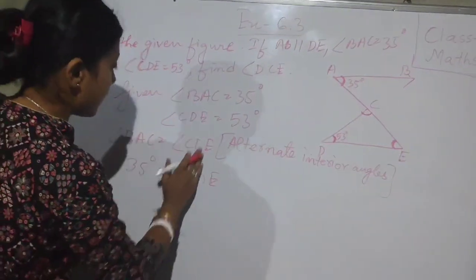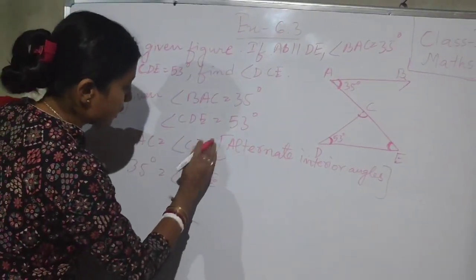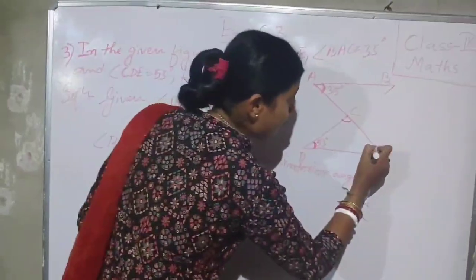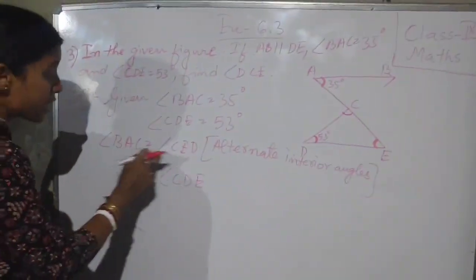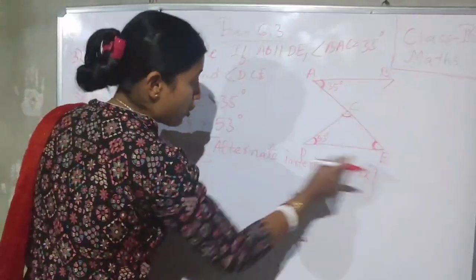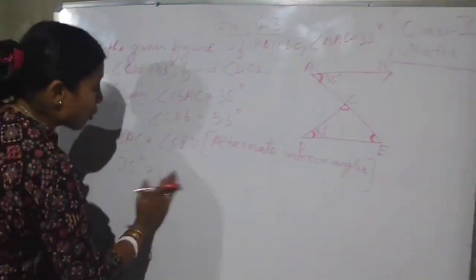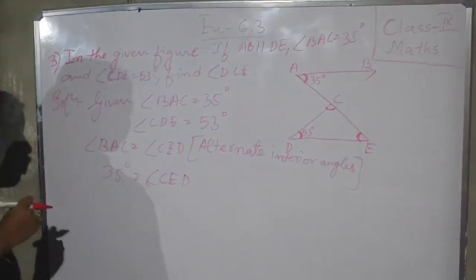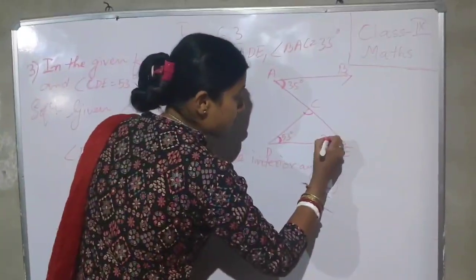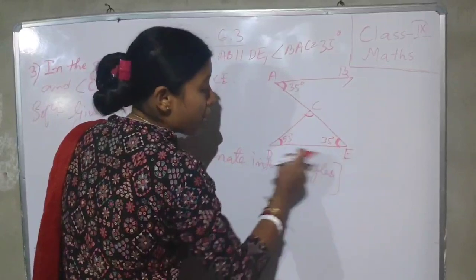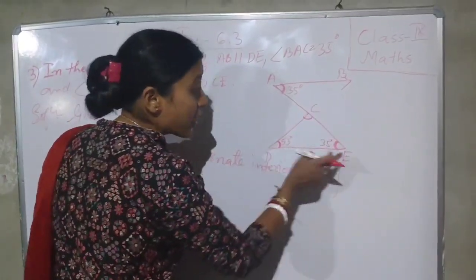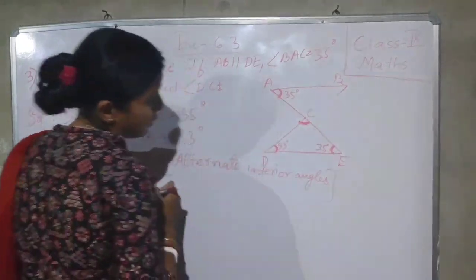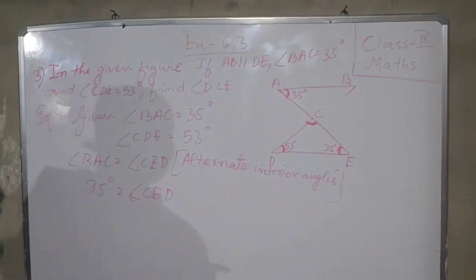Sorry, not CDE, this is CED. We are finding this angle. So angle BAC equals angle CED, and these two are alternate interior angles. So angle CED we have got is 35 degrees. So these two angles we have got, this is given and we have found this angle. So by this we can find the remaining angle using the angle sum property.